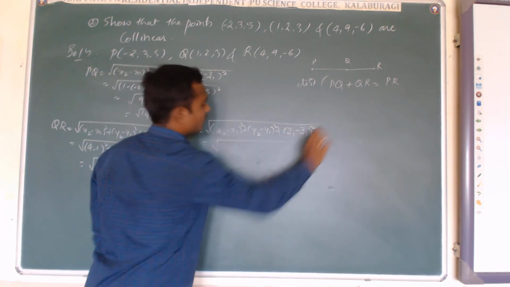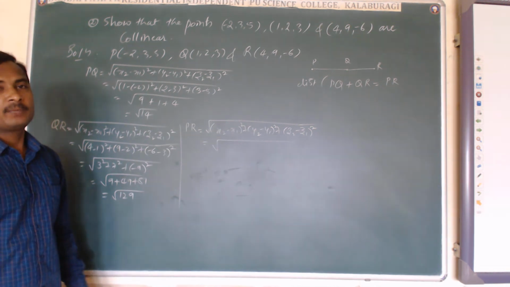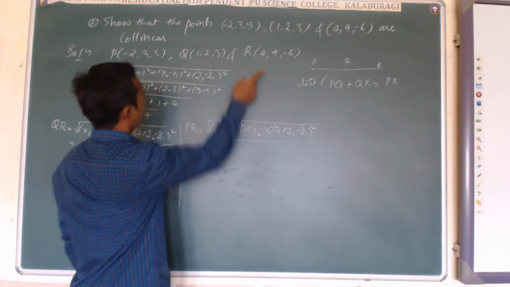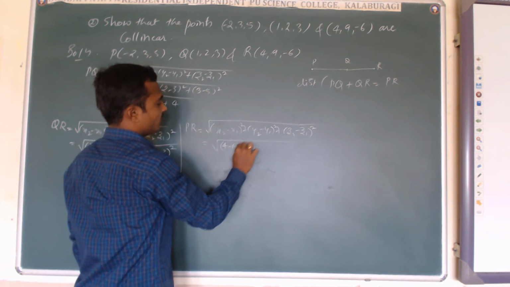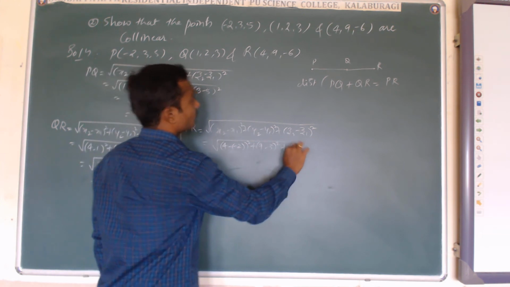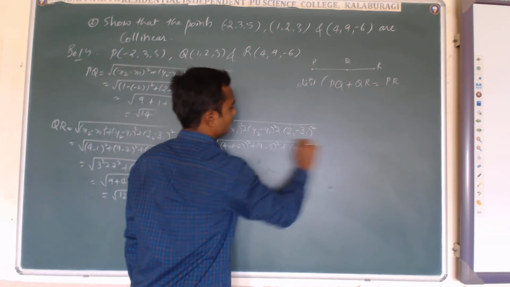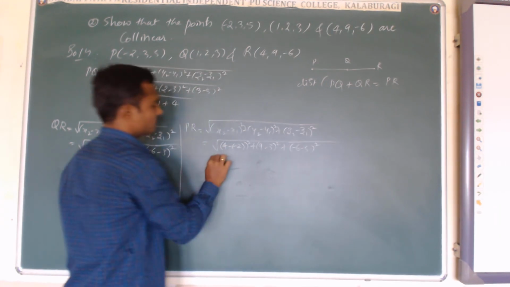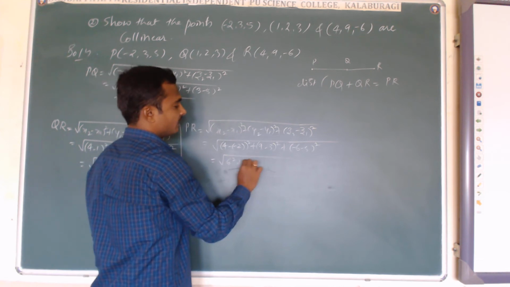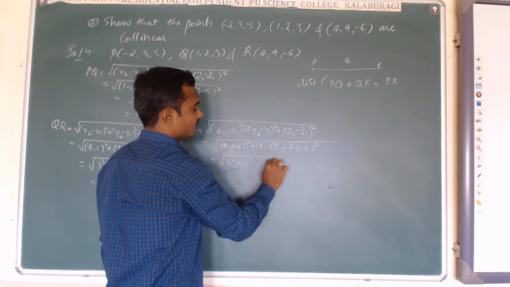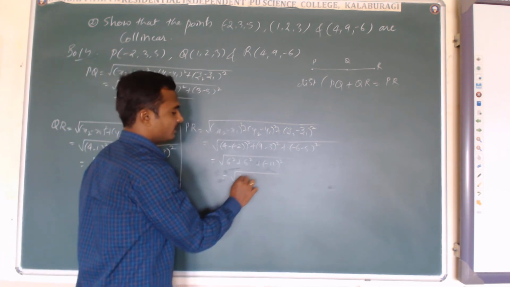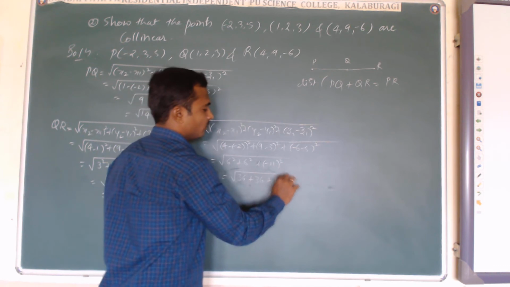Using the coordinates of the points P and R, we get (4 minus of -2) whole square, (9 minus 3) whole square, (-6 minus 5) whole square. 4 plus 2 is 6, 6 square, 9 minus 3 is again 6, 6 square, -6 minus 5 is -11 whole square. So you are going to get 36 plus 36 plus 121.